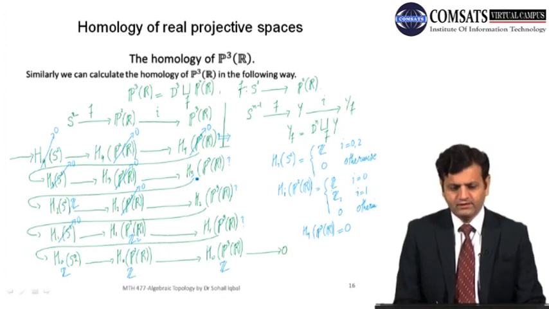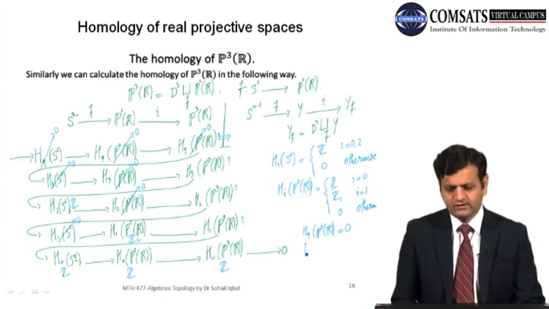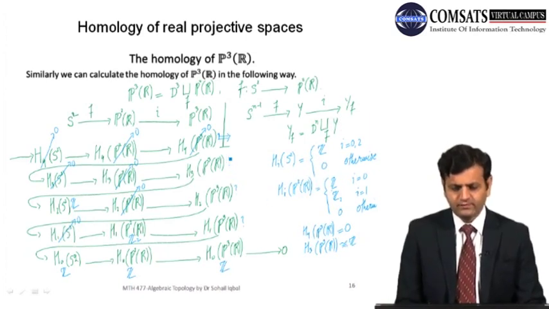What about H3 of P3R? This third homological group of P3R is going to be Z, because there is 0 over here and there is 0 over here. In other words, this map is an isomorphism, so H3 of P3R is isomorphic to Z, to be very precise. So this is done.